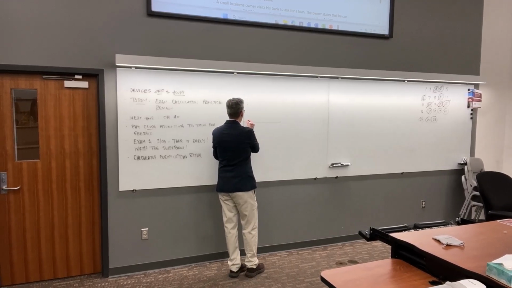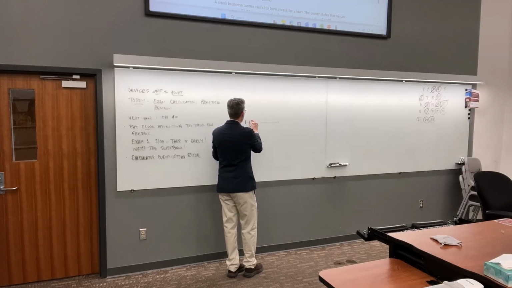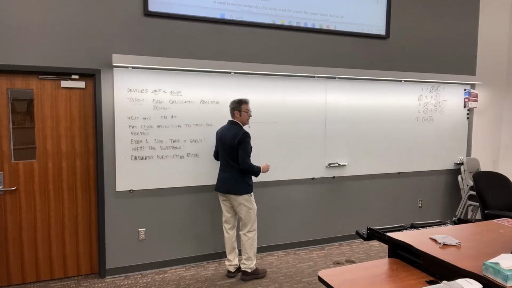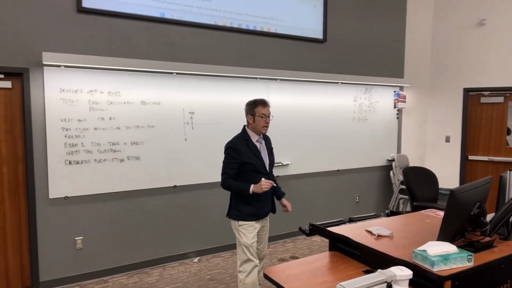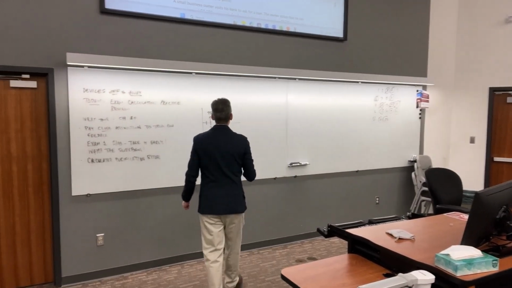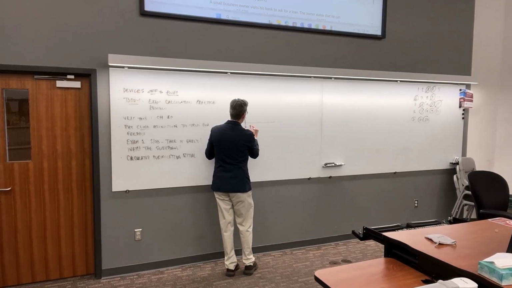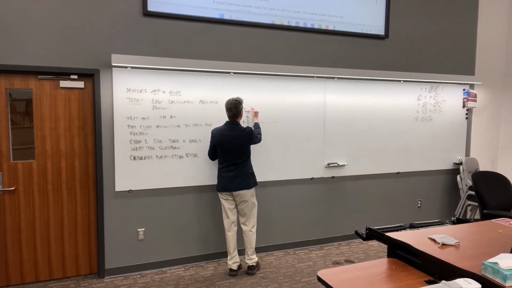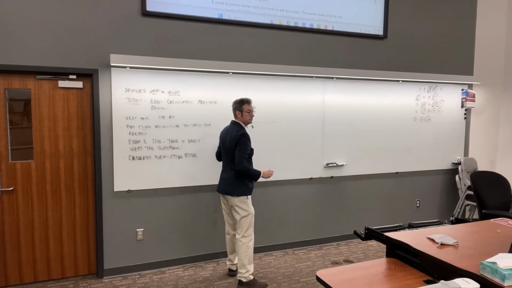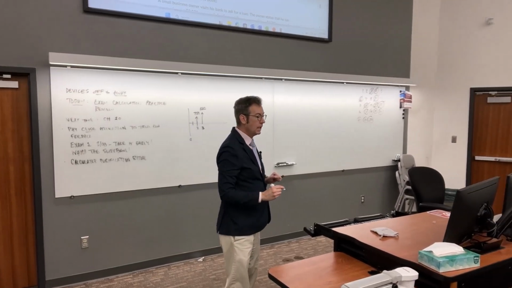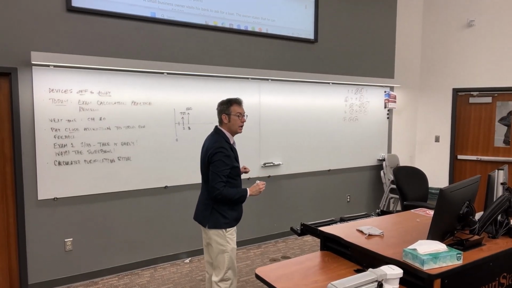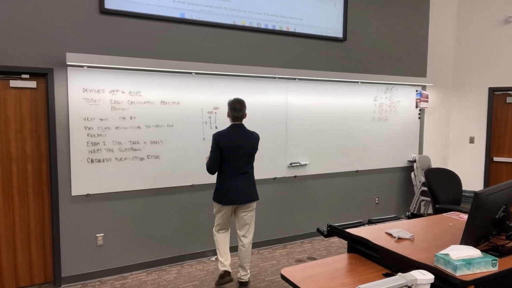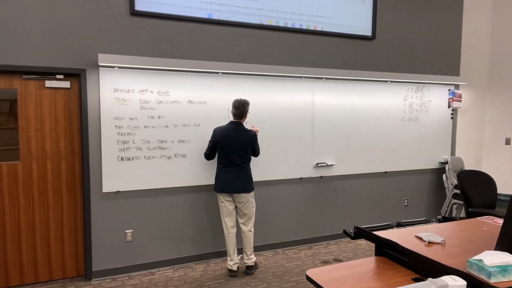So we got 1, 2. Here, time 2, I'm going to have 750. And then a $1,000 cash flow in 3 years. And pay 300 in 5 years.